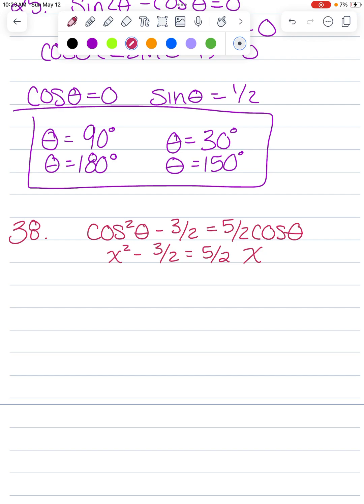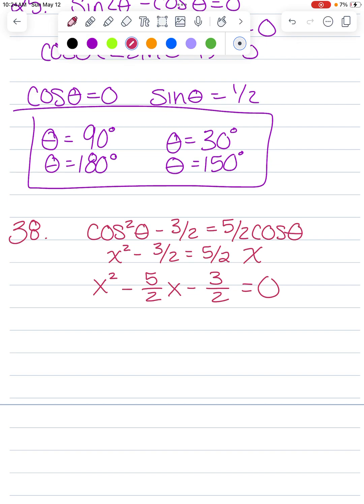Okay. First thing I notice is this is quadratic. Therefore, I want it equal to 0. I'm going to subtract the 5/2 x and put it in standard form while I do it. So, x squared minus 5/2 x minus 3/2 is equal to 0. Now, to solve this, two things that multiply to 3/2 but add to a negative 5/2, I'm guessing many of you are like, Benson, what are you doing to me? Please stop.